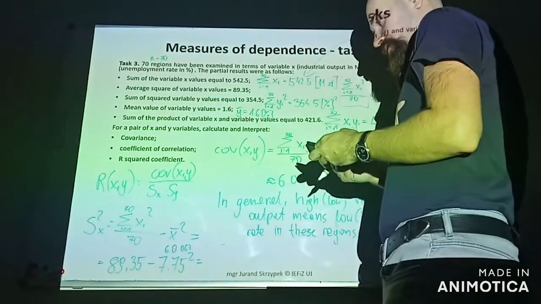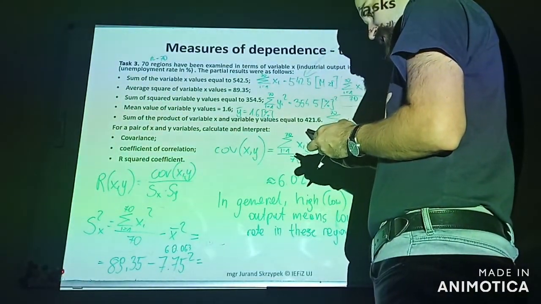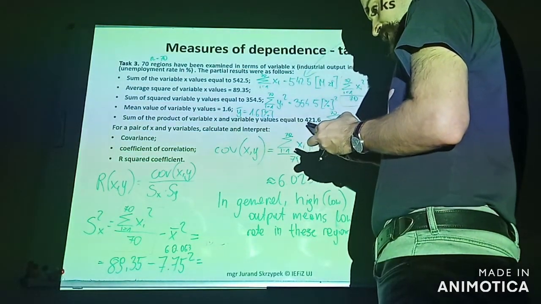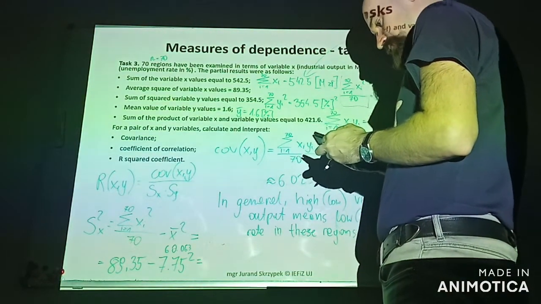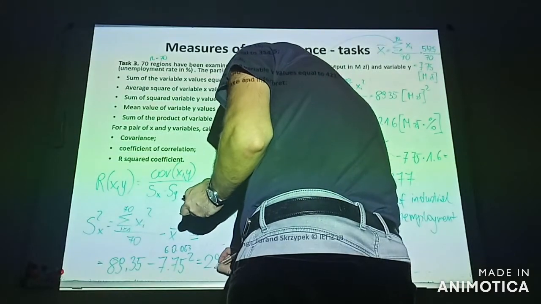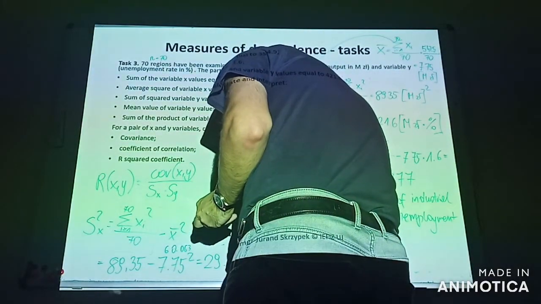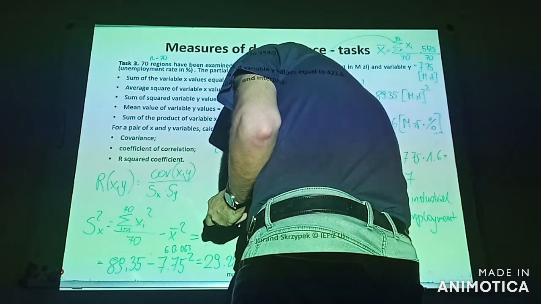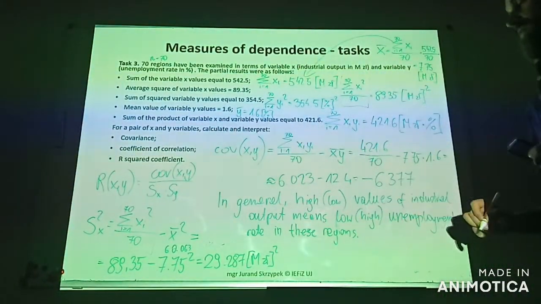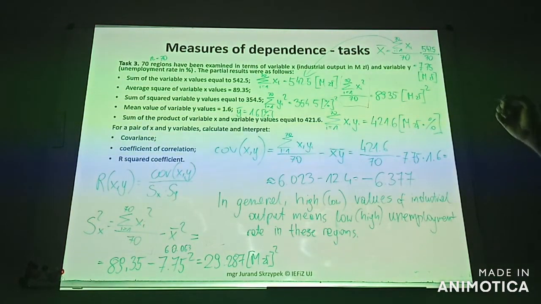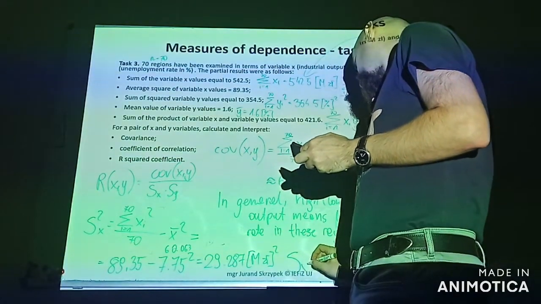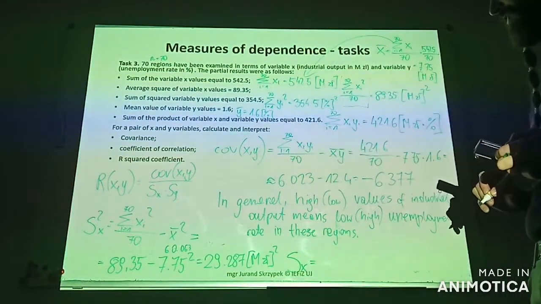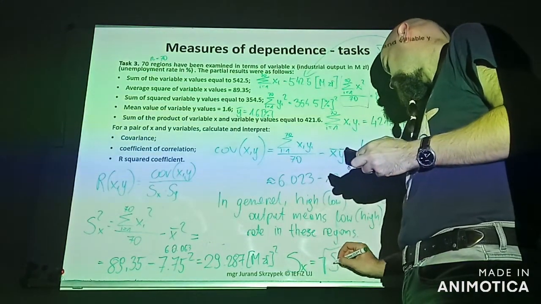So here the variance of the industrial output is 89.35 minus 60.063, which is 29.287 million zlotys squared. This is the variance of industrial output in the analyzed regions. And the standard deviation here is the root of the variance.